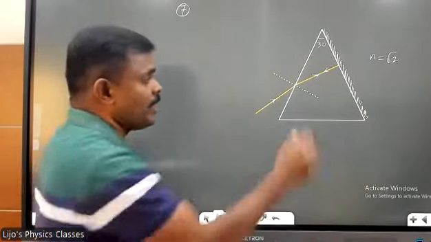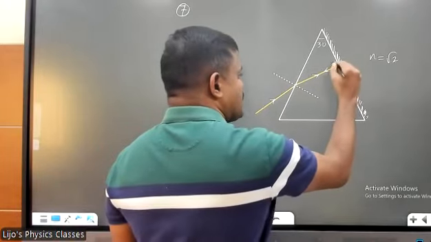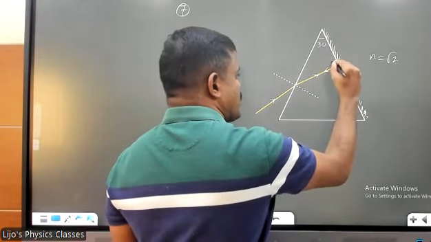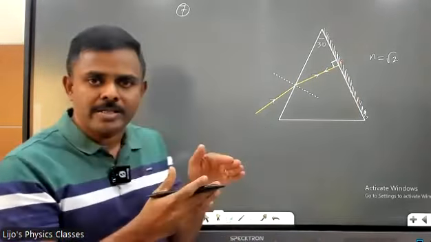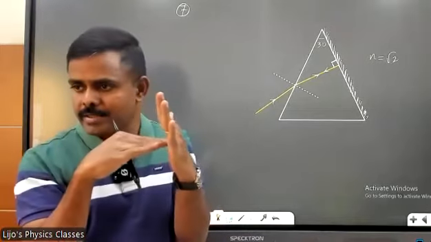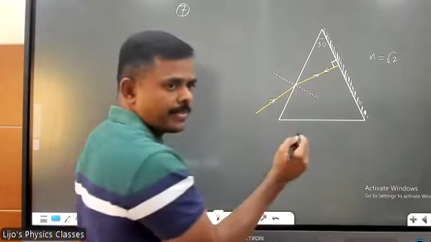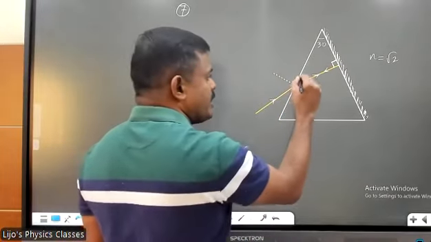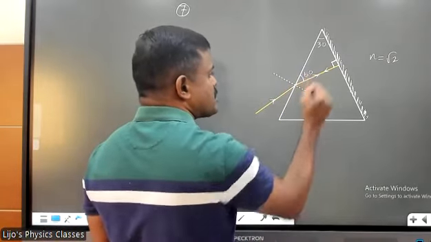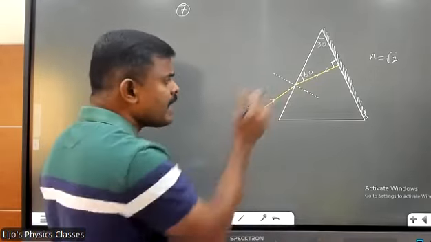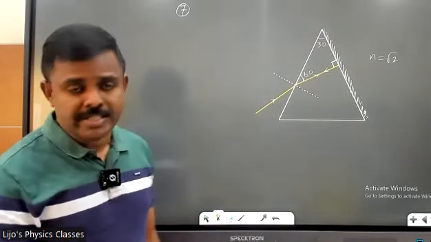So we got this angle as 90 degrees, right? Because it is normal incidence. Normal incidence means it's falling perpendicularly, so that is 90 degrees. This is 30. 90 plus 30, 120. That makes this angle 60 degrees, right? If that is 60 degrees, how about the next angle?